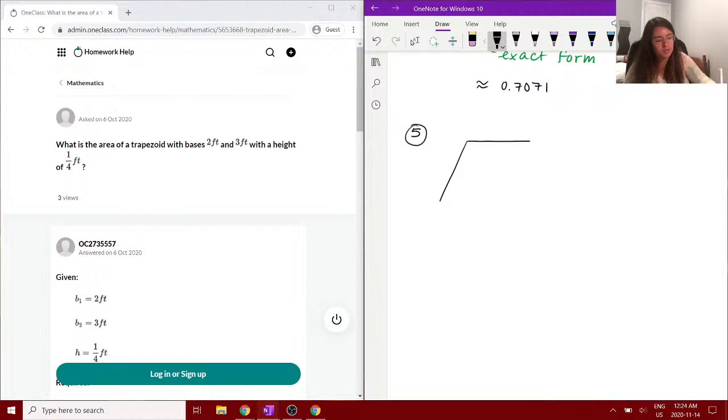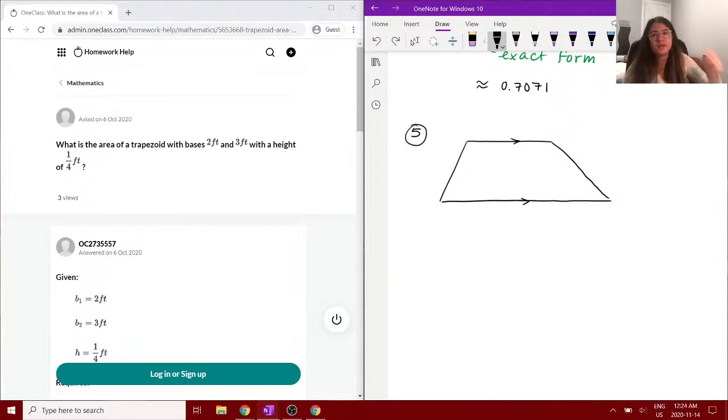A trapezoid looks like this, where we have 2 parallel lines, one on the top, one on the bottom, and they're connected by 2 lines that are not parallel, so I don't need to draw those arrows.